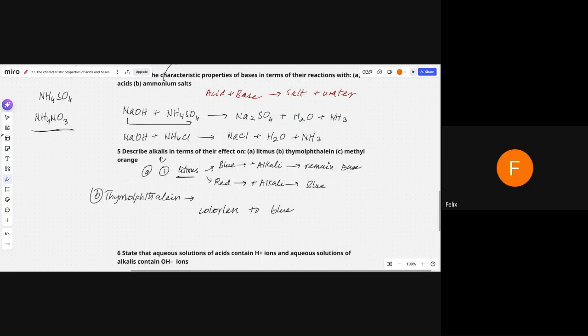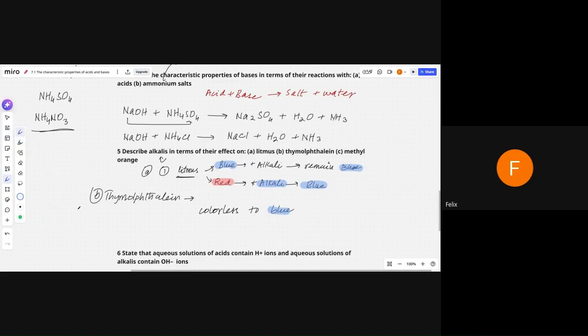Let me just highlight these: red will change into blue, and blue will remain blue, and this one is from colorless to blue. I hope this is clear.